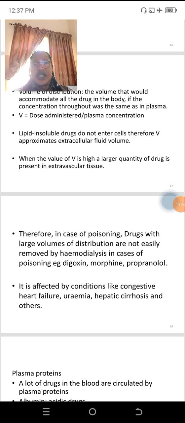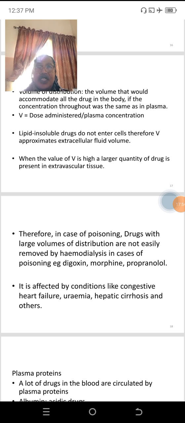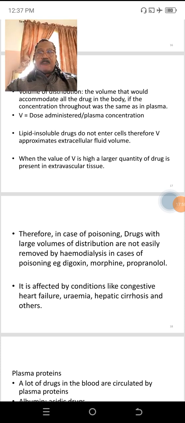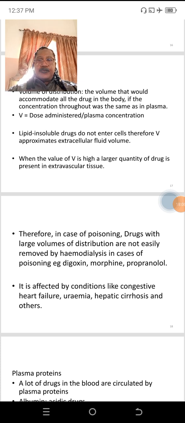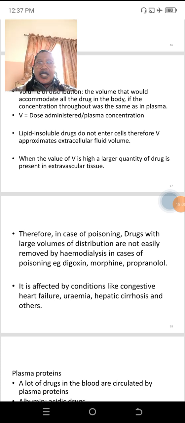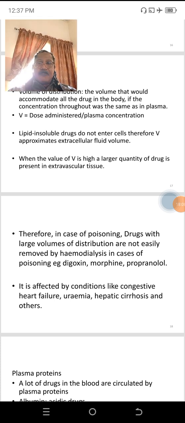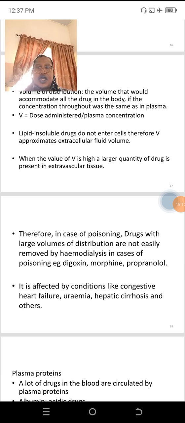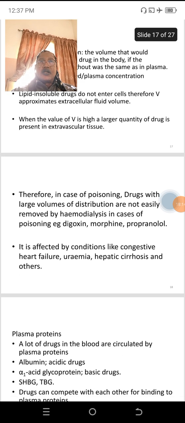Because of this, poisoning by these drugs can be difficult to manage. Volume of distribution is affected by conditions like congestive heart failure, uremia, hepatic cirrhosis, and others.